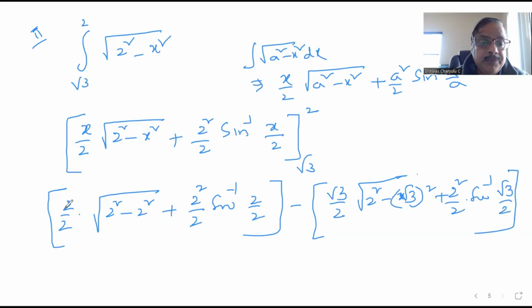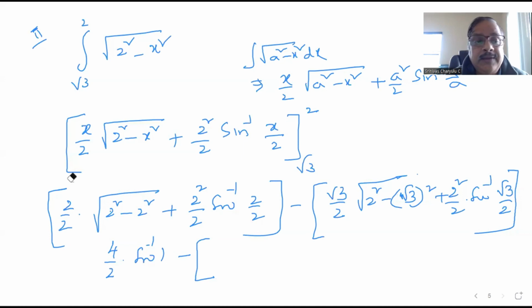Close the bracket. Here this term will cancel because 2 square minus 2 square is 0. So this will become 4 by 2 sine inverse 1 minus this side. Root 2 whole square means, sorry, 2 square means 4. 4 minus root 3 whole square, and root 3 whole square is 3.